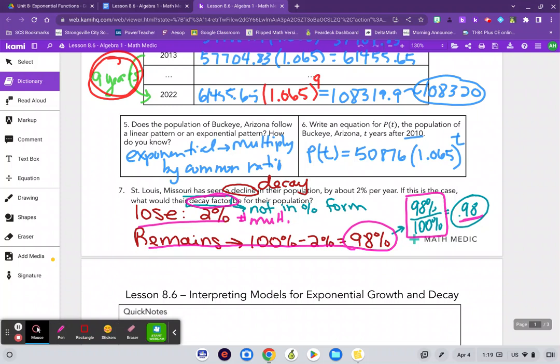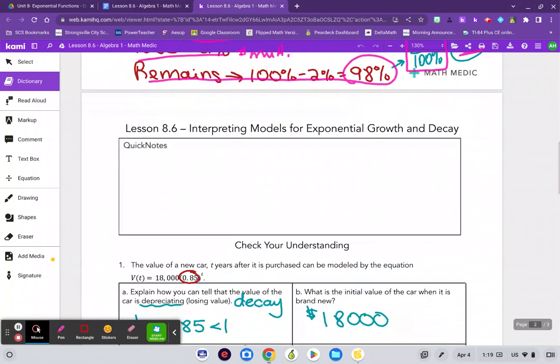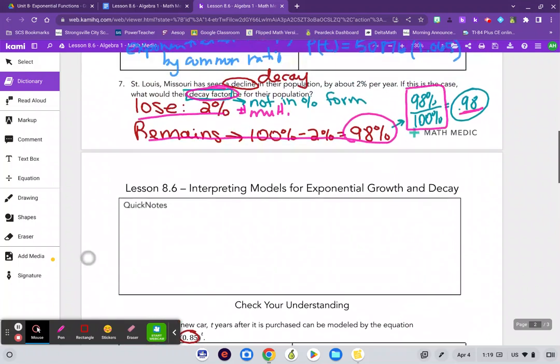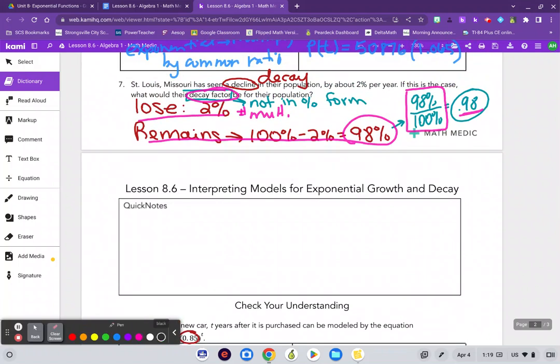All right, so let's go to our quick notes here and talk about how oftentimes exponential growth and decay are given as percent problems. All right, and so let's see. I'm going to write exponential growth and decay are often given as percents.